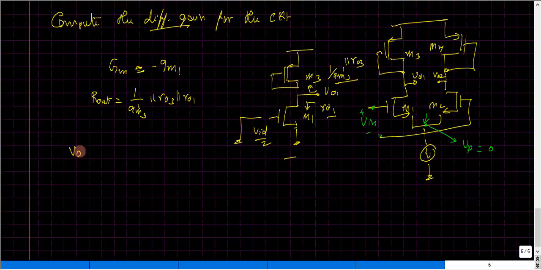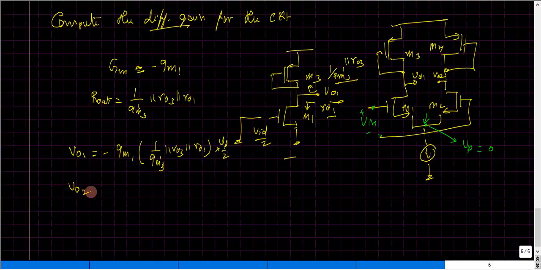So clearly I can write the voltage at this particular output node to be just minus gm1 times the total Rout, which would be gm3' ro3 and then ro1, into VID by 2. And the other output produces the same magnitude of Vo1 but with opposite sign.